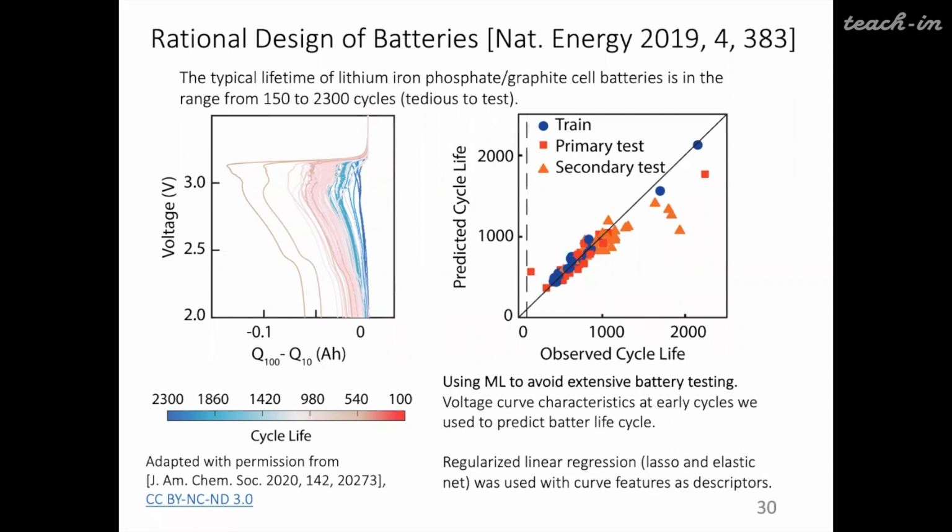They used simple machine learning methods, regularized linear regression, and they analyzed voltage curve characteristics to use them as descriptors to predict characteristics of battery life cycle. And this, of course, is a rather simplistic approach.